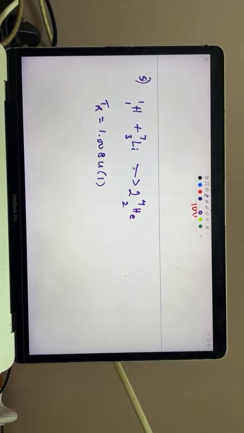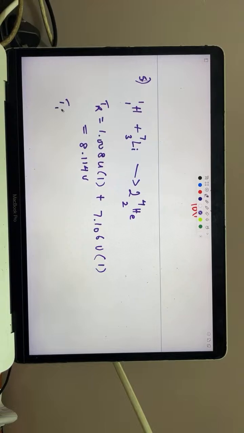Only one of it. Then plus 7.106 U. How many lithium do we have here? Also one. So we add both of these to get the reactant. So 1.008 plus 7.106 gives us 8.114 U. That's the total for the reactant.